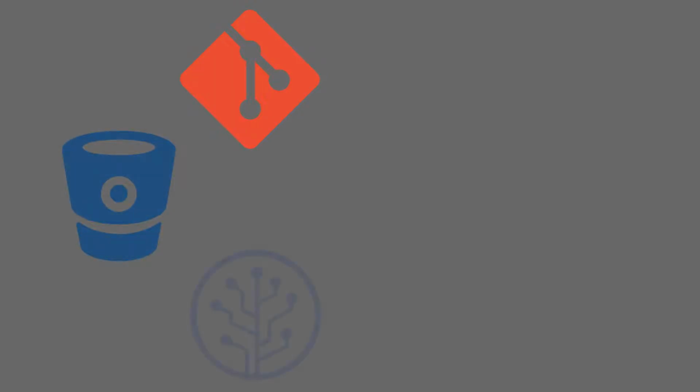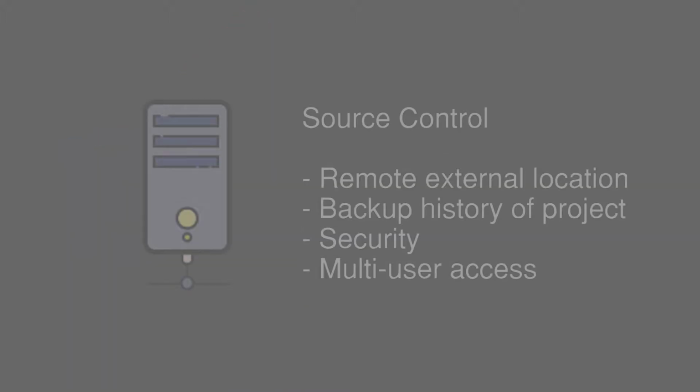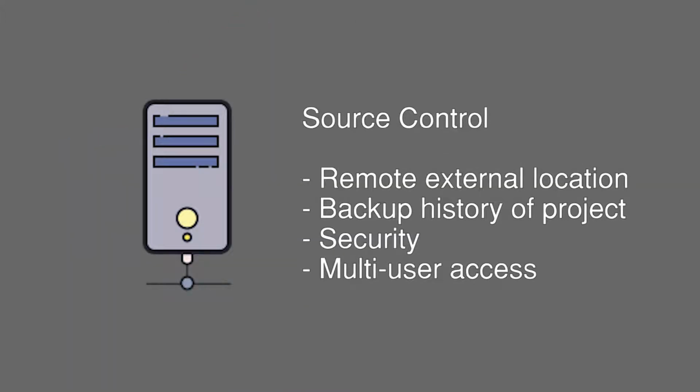Alright, so why do we use Git, Bitbucket and SourceTree to manage source control? In its simplest form, it's so we have a remote or external location where we have backed up our stuff. In its more complex form, it's so that we have that element, but we also have a system in which multiple people can access and interact with the project in a relatively harmonious and simultaneous manner.